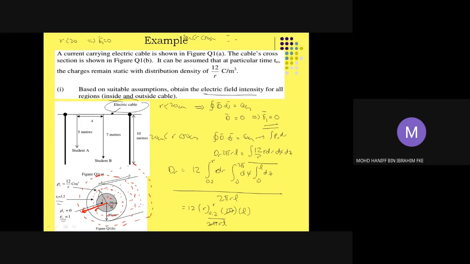We only have 12 times (R minus 0.2) divided by R. So that should be your D. Okay, I hope I made it clear now. Sorry for my mistake just now. Is that clear? Any question for the second region from 20 to 50 cm? Is there any question for that?